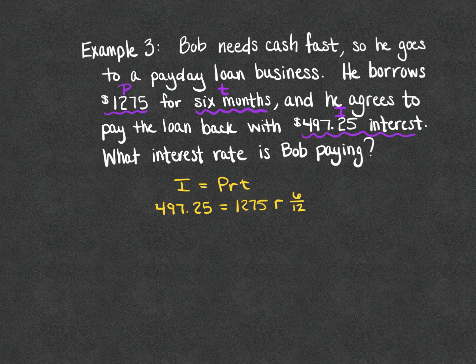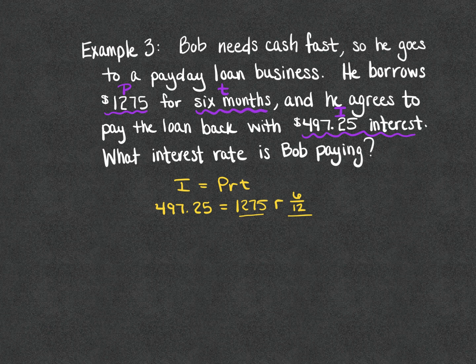And so I always make it a habit of writing the number of months divided by 12. Then I'm not tempted to round when I shouldn't be. In order to solve this, what we're going to do is multiply this 1,275 together with our 6/12 so that we can begin to solve the problem.